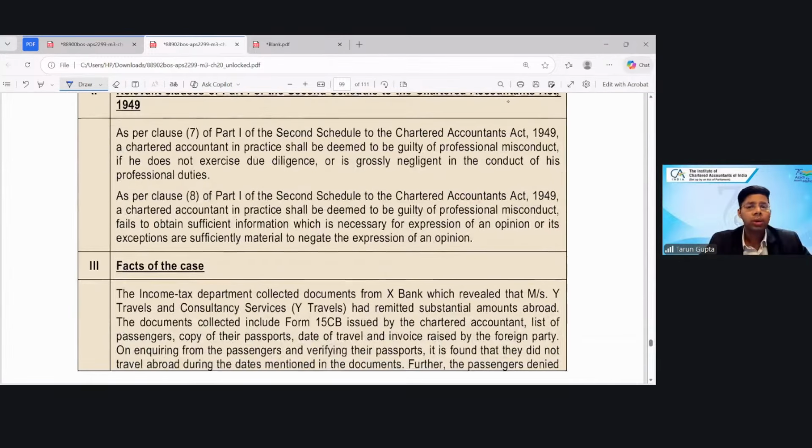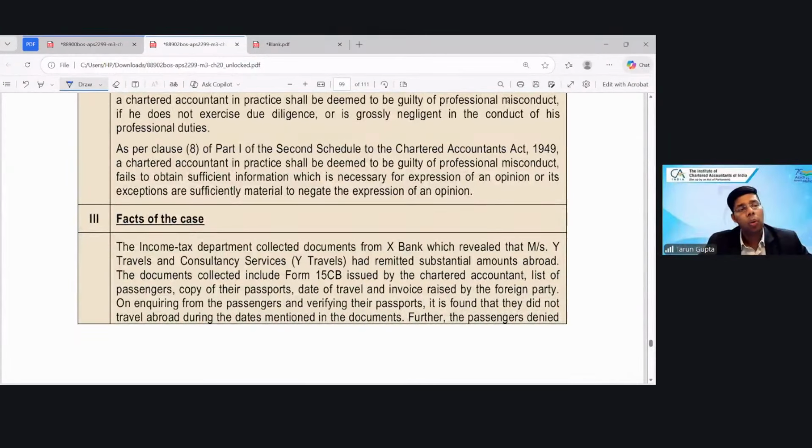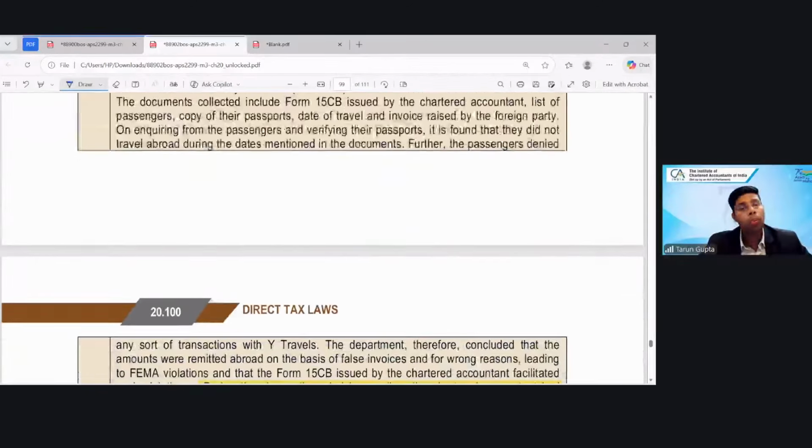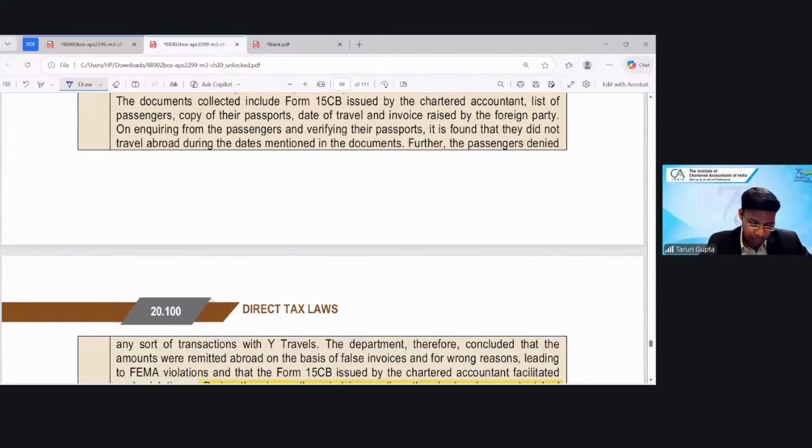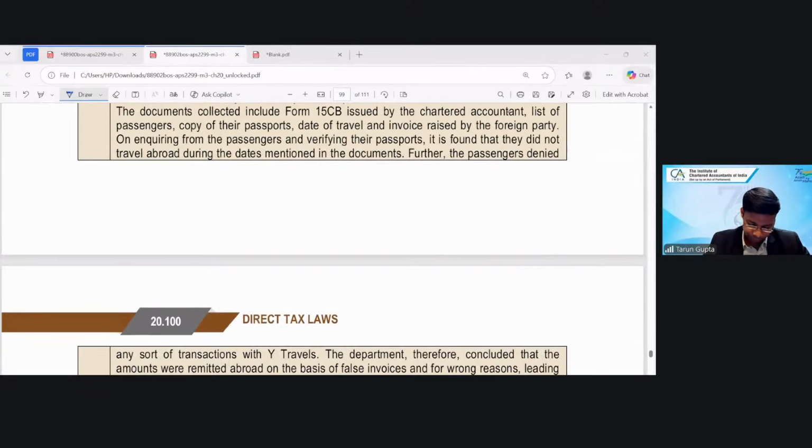However, during the search or survey, it was found that no tickets were actually purchased and all were bogus invoices. Based on this, it was held that the CA is guilty of professional misconduct because he blindly issued a certificate relying only on the invoices, without actually seeing the agreement between the remitter and the assessee.